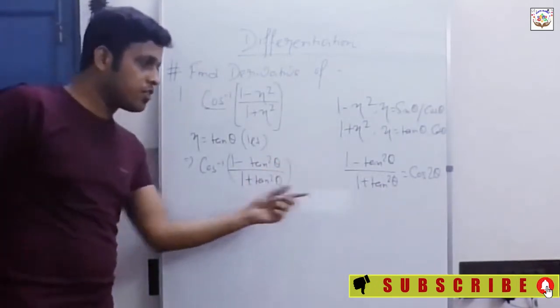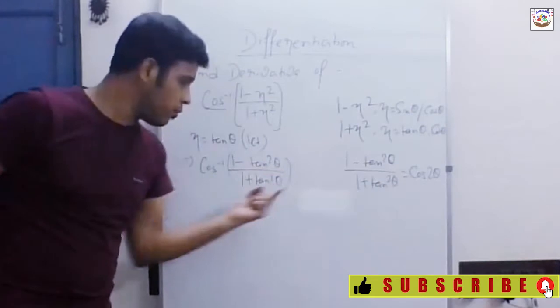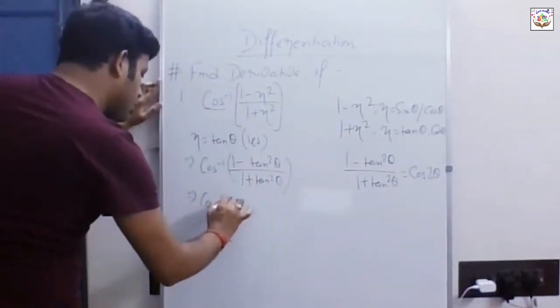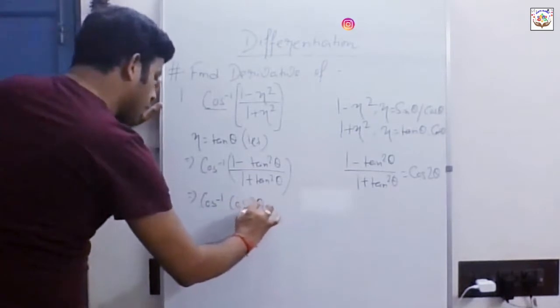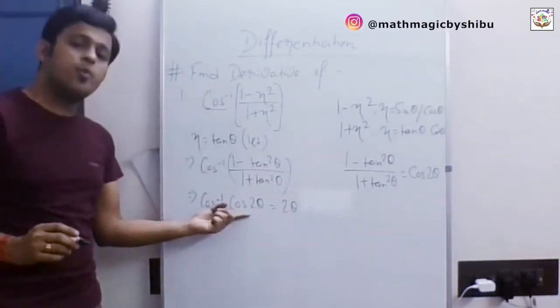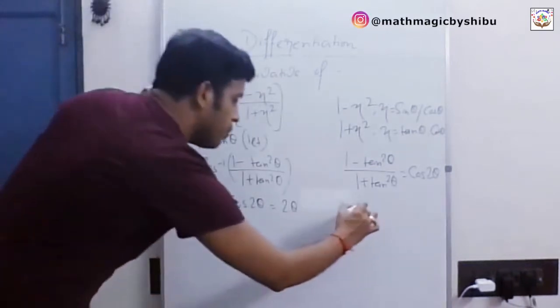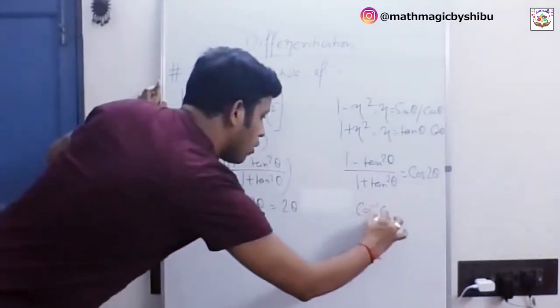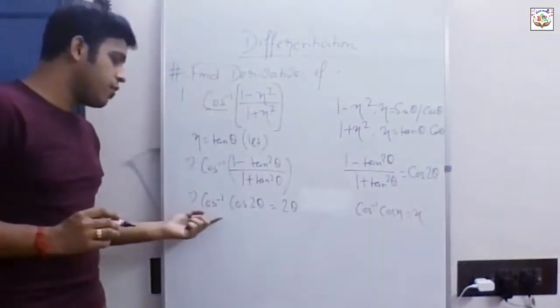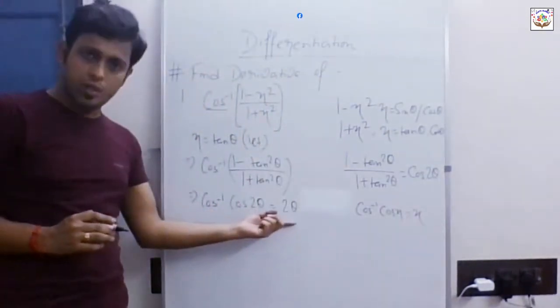So we can replace this with cos 2 theta. Cos inverse of cos 2 theta would be 2 theta only, by the basic formula of inverse functions: cos inverse of cos x equals x.